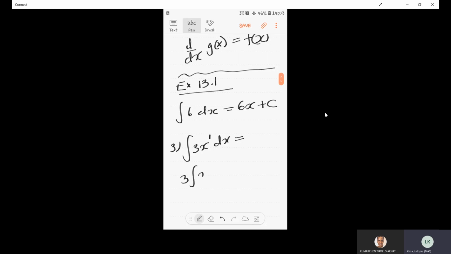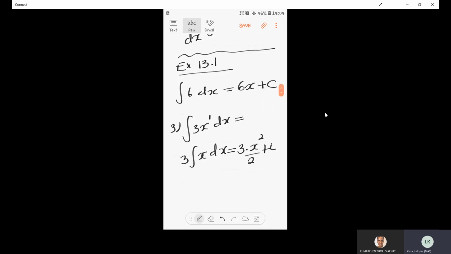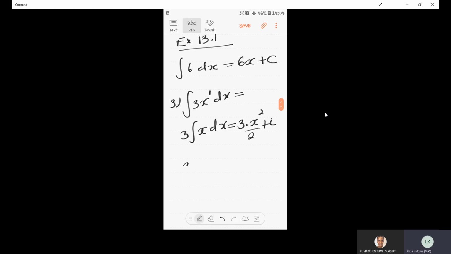This is one of the rules of integration, and this is just 3 times x to the power of 2, then you divide by 2, and because this is the indefinite integral, you add a c. So when we simplify this, we get 3 over 2 x squared plus c.